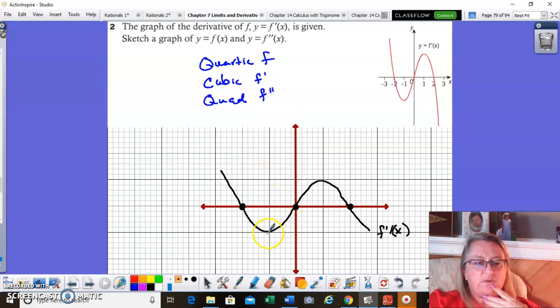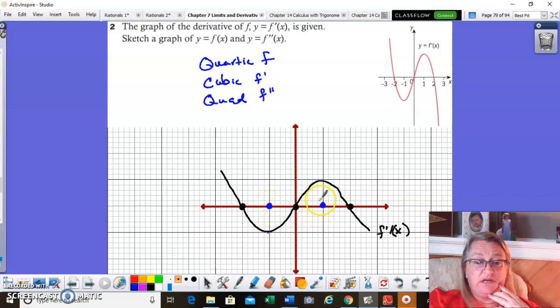Okay, so this minimum here becomes a 0 of the derivative of it. Its maximum becomes a 0. And we know that between these two, let's see how I can put this.